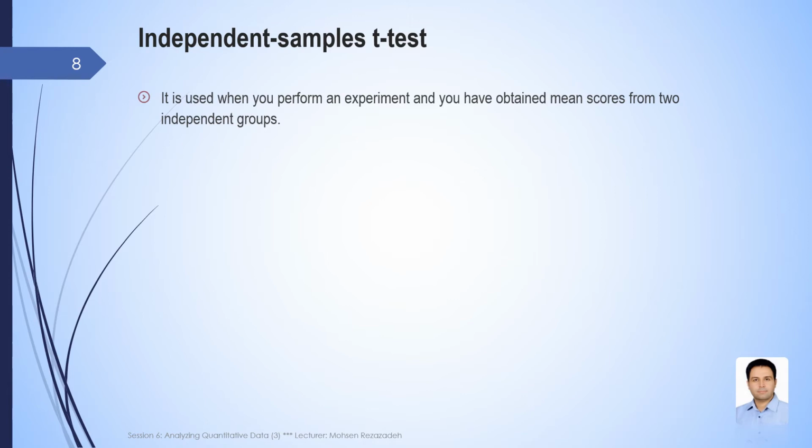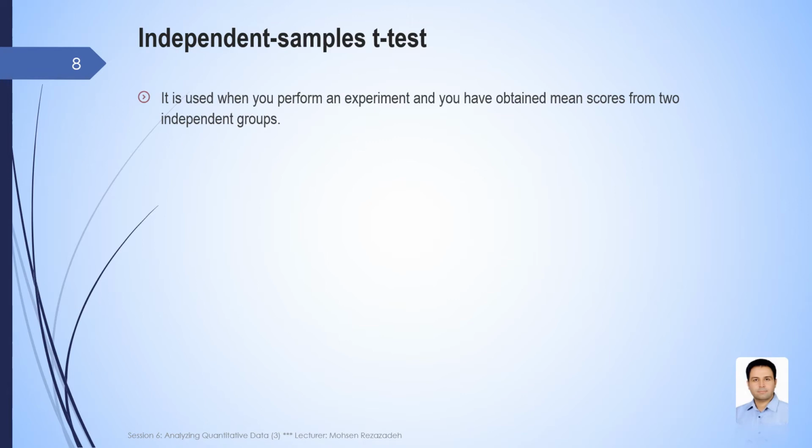For example, you want to investigate the effect of teaching a strategy of writing on the quality of the students' writings. Here you choose two groups. One is the experimental group in which you teach the strategies, and the other one is the control group.